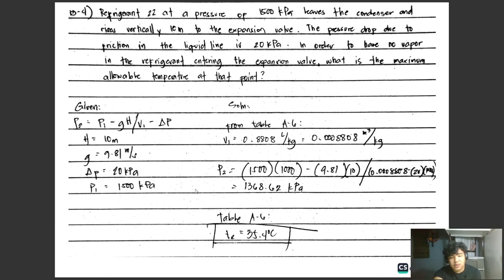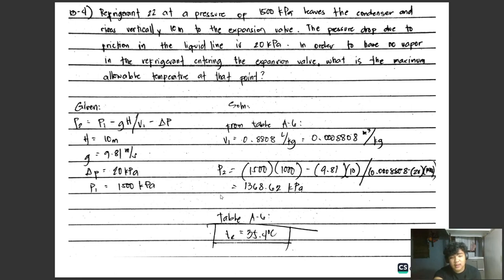So we have P2 equals 1,500 multiplied by 1,000 minus 9.81 multiplied by 10 divided by 0.0008808 minus 20 times 1,000.